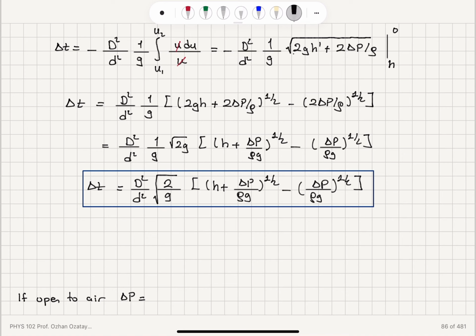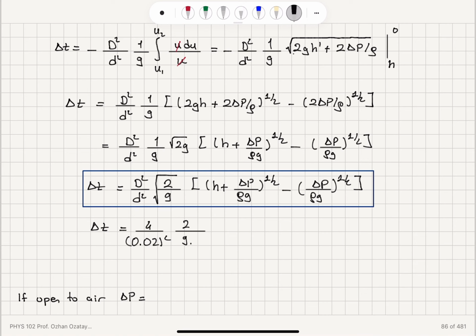Now what is it? Let's substitute the numbers here. Delta t is equal to, remember capital D was 2 meters, so this is 4, capital D squared. Small d was 0.02 meters, so it's squared at the bottom. Then I have square root of 2 over 9.8.